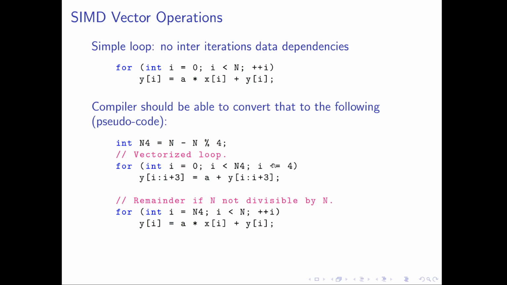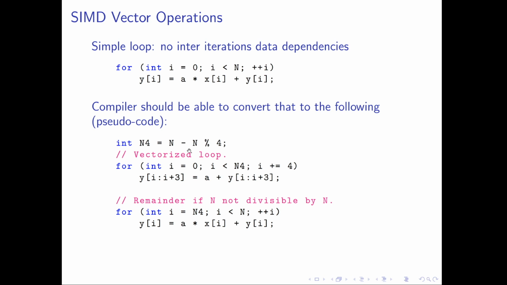So the compiler will adapt the stride through the loop, and unroll the loop body and perform 4 iterations at once. The problem is that vector sizes aren't necessarily divisible by 4.